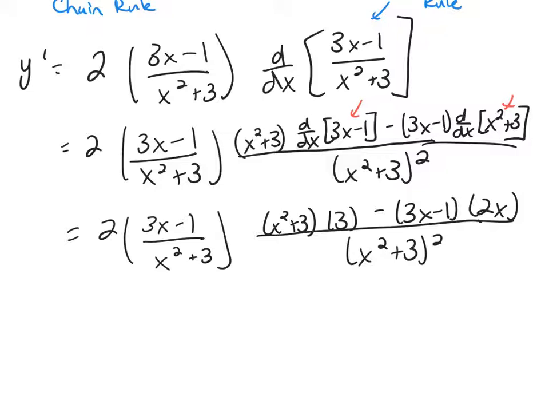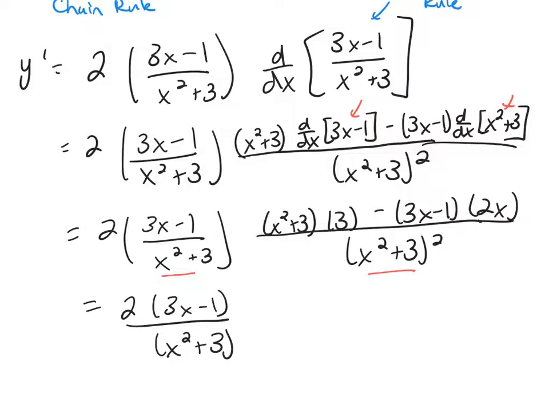So we can now combine. Let's see, I have 2, I have a 3x minus 1, and then I'm going to combine this x squared plus 3 and this (x squared plus 3) squared into an (x squared plus 3) cubed there. And then if I distribute out that 3x squared plus 9, then a minus, you have 6x squared minus 2x.